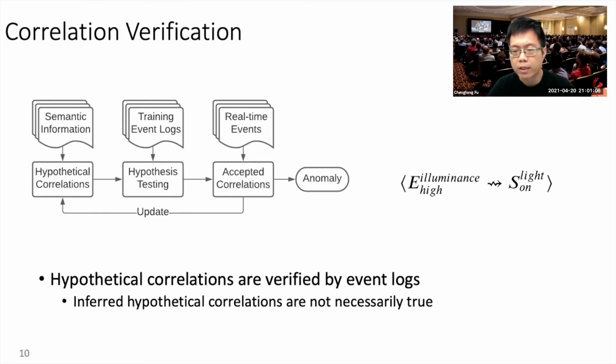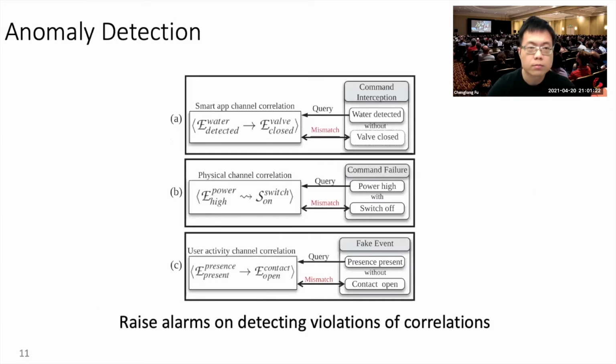This correlation is only true when there is no other light source, like in a small bathroom. So for the hypothetical correlations, we verify them with the event log to exclude the unreasonable ones. Finally, after we get the verified correlations, we can detect anomalies as violations of correlations.